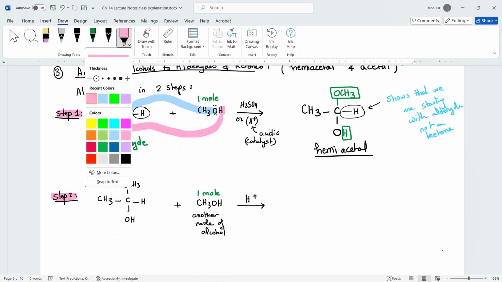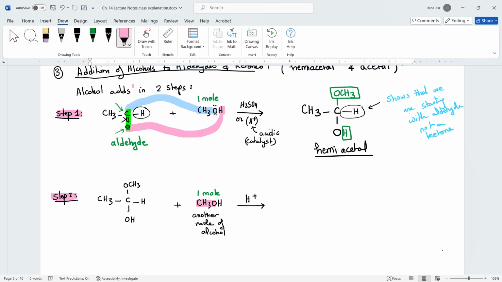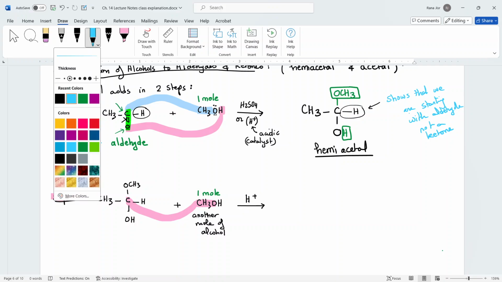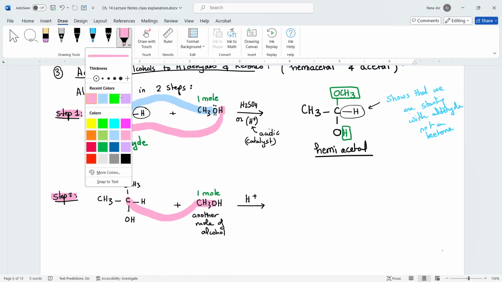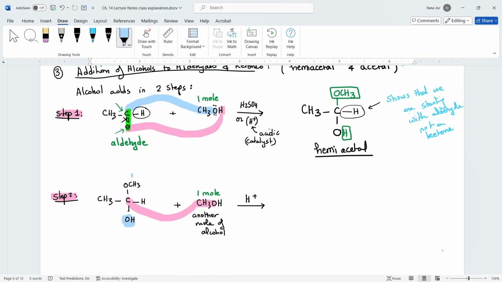Let's go ahead and highlight the OCH3 in there. That OCH3 is going to come and add to the carbon. What you're going to be left with is the OH that is present on the carbon.